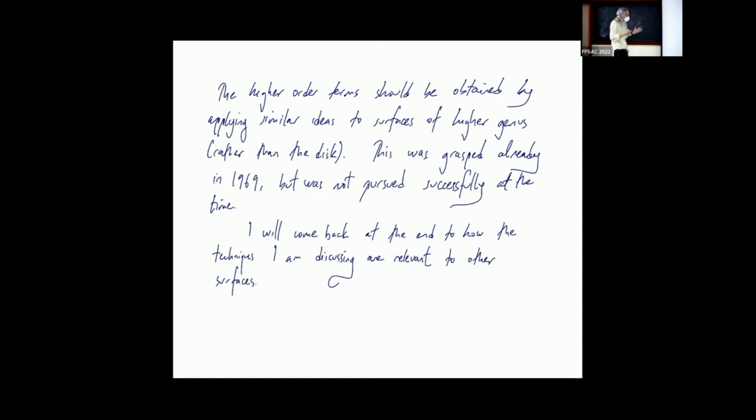But at the time, nobody really could figure out how to make any progress on that. It turns out that the approach that I'm going to be describing is able to handle those higher genus surfaces. The physics part is not finished, but the solving the U equations part we can do for the higher genus surfaces. I will explain how that works.